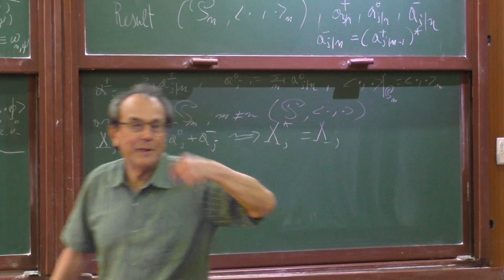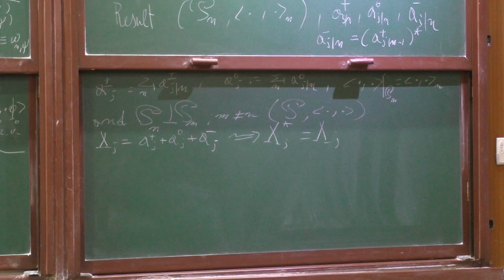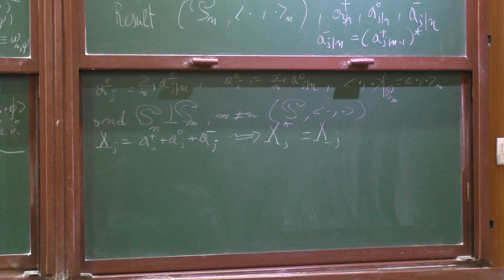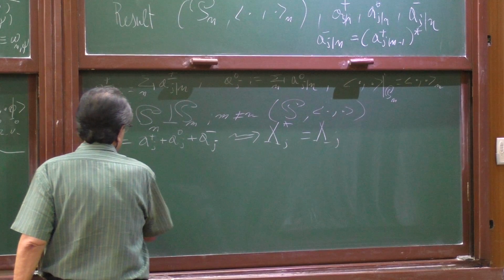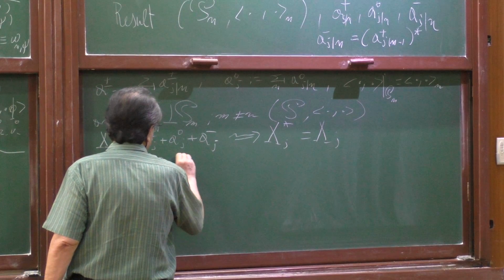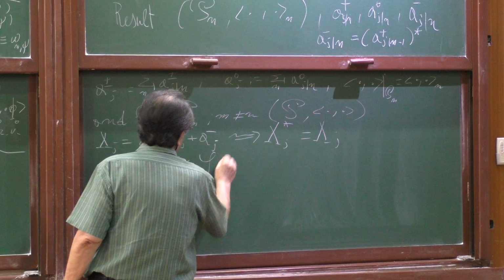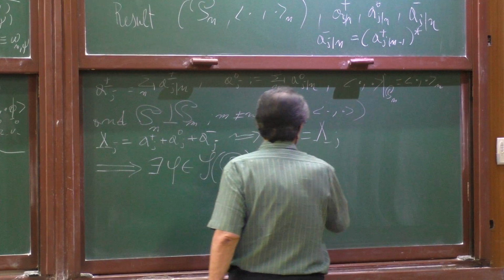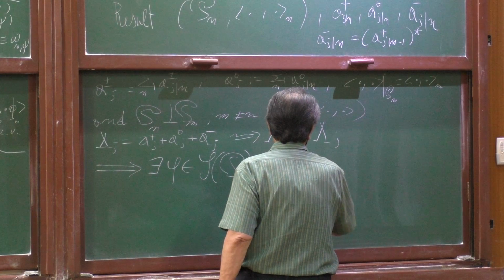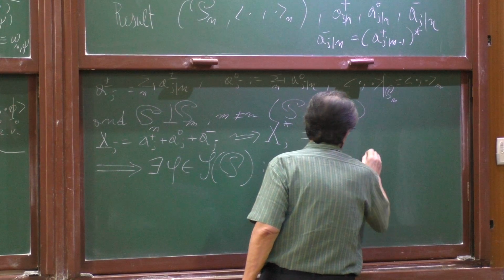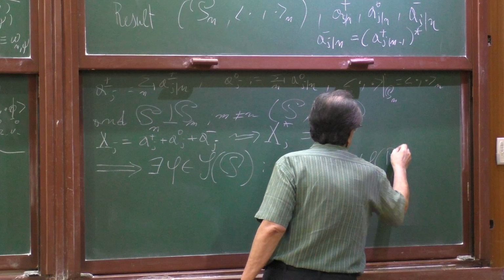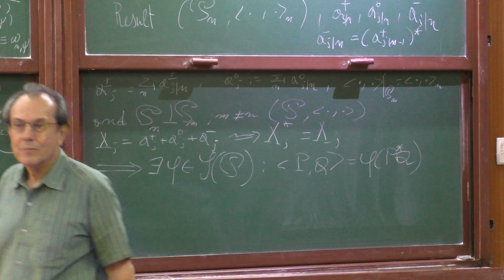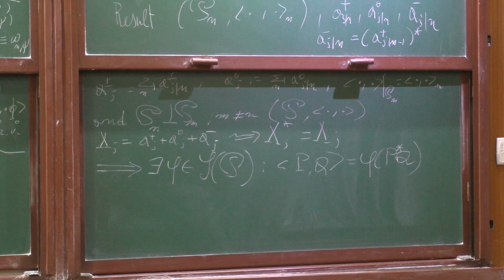And then by the theorem that we proved in one of the first lectures, this implies there exists a state such that for any two polynomials P and Q, we have this. And so we have reconstructed this.